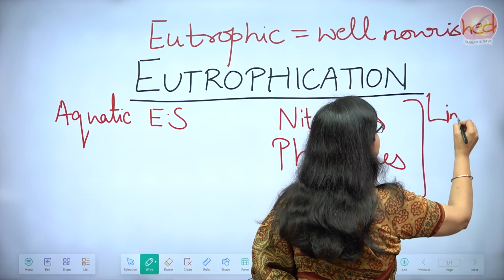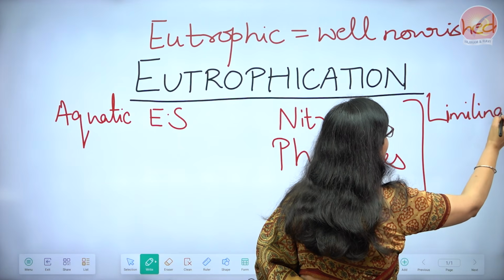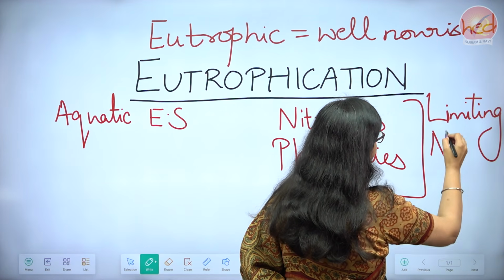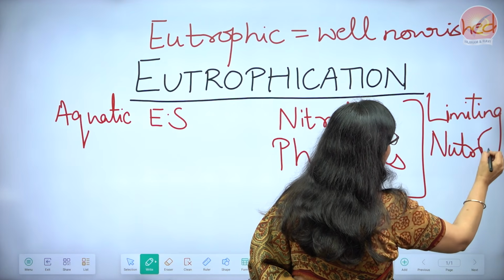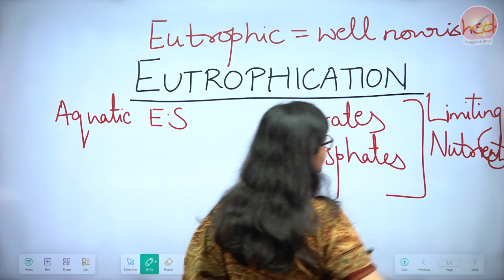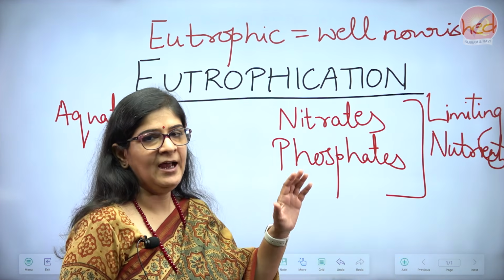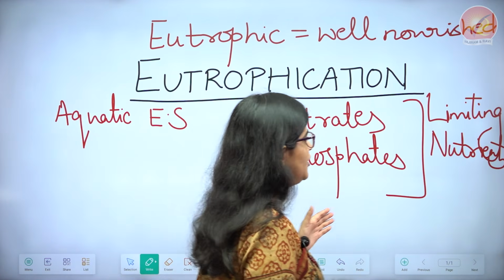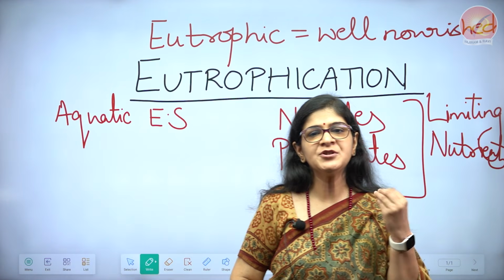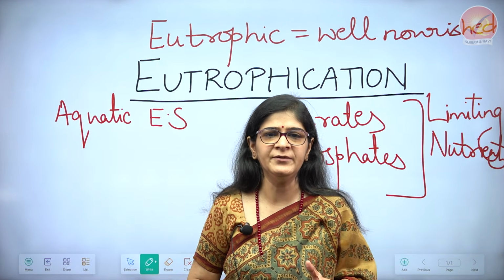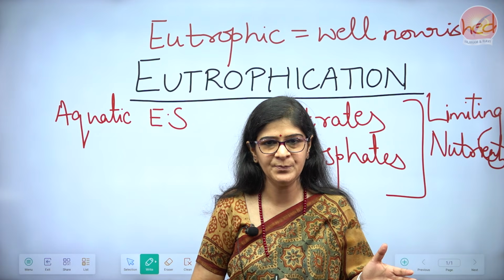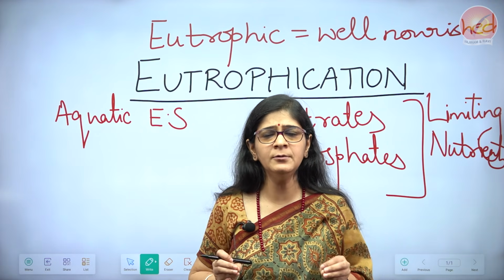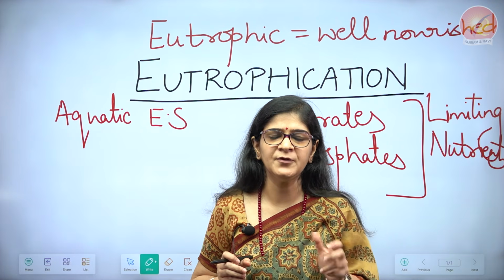Now, regarding limiting nutrients, there was an ecologist by the name of Liebig who gave his Liebig's law related to the limiting nutrients or the limiting factors. I'll break it down very simply for you. Limiting nutrients or limiting factors for ecosystems are those which try to limit the primary productivity of the ecosystem, or bring down the photosynthetic capacity of that ecosystem.